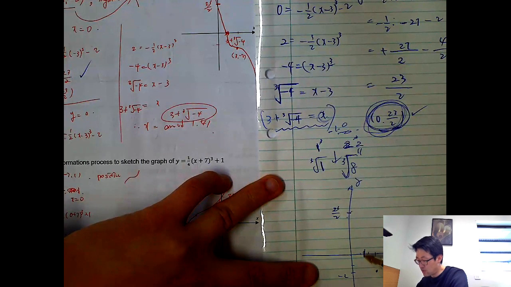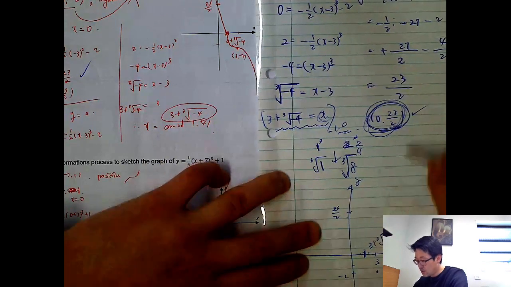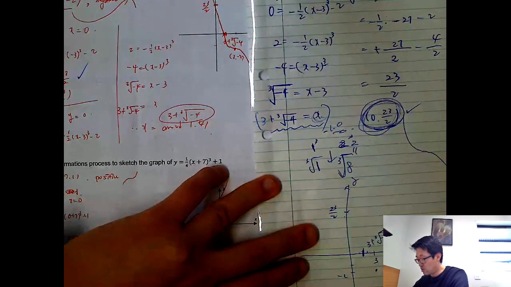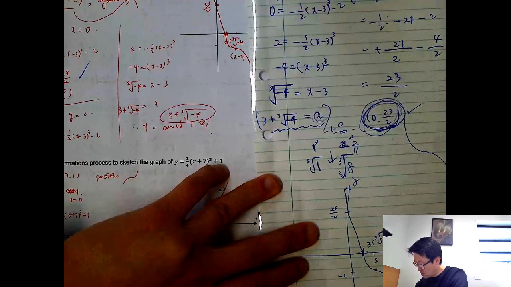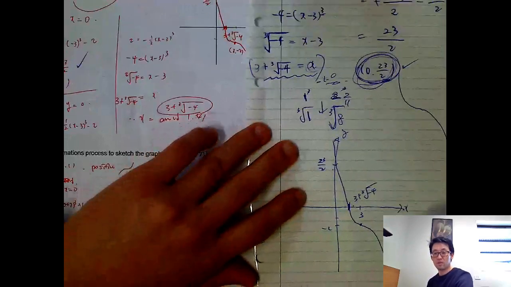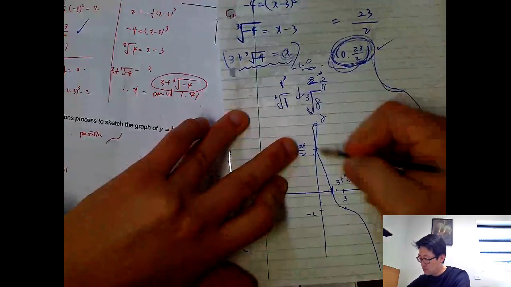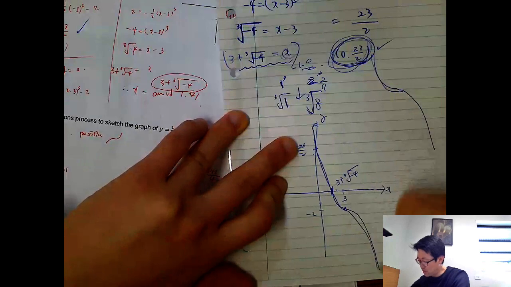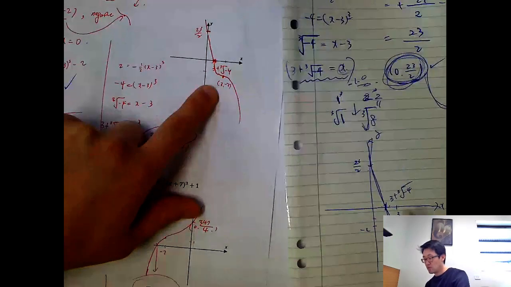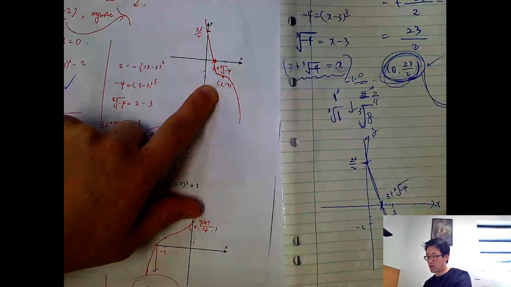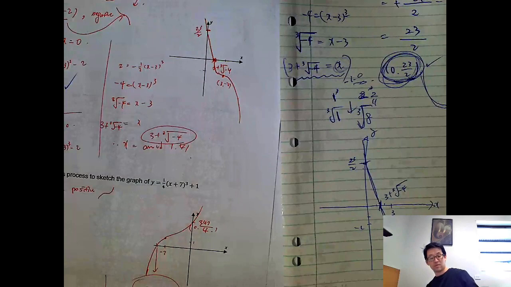But I can write down just 3 plus cube root of -4. And it's negative, so we'll have a basic shape like this: point of inflection and going down. So you indicate the x-intercept, y-intercept, and point of inflection. Sounds good.